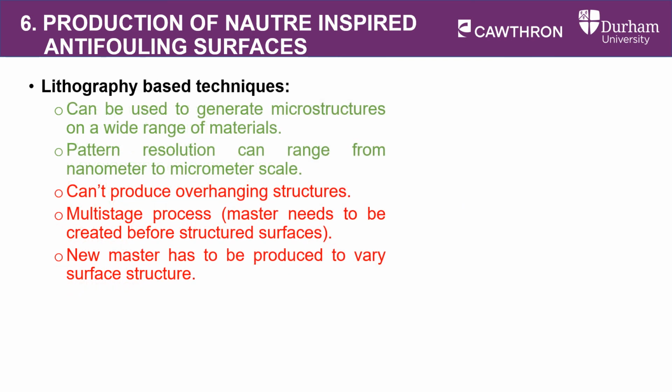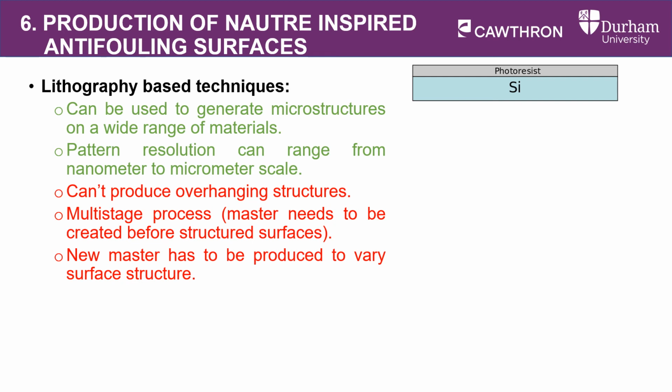Another way to produce biomimetic anti-fouling surfaces is by using lithography-based techniques. These processes are often used to produce micro or nano-textured surfaces due to their high accuracy and ease of scalability. The process starts by coating a surface with a photoresist, onto which a photomask is then placed to cover specific areas.